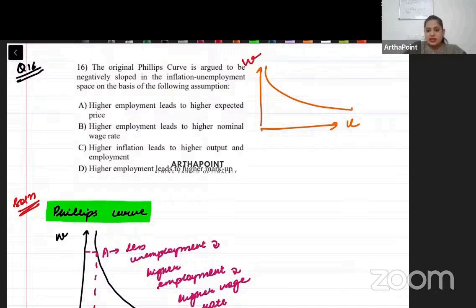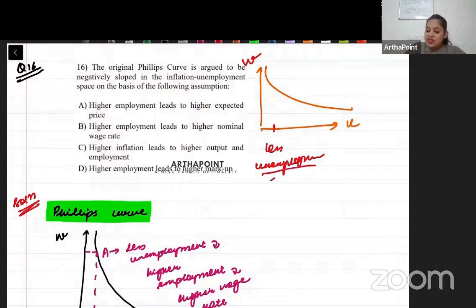And what did he say? He said, look, when there is less unemployment, there are fewer people fighting for a job, there is less labor available in the market, then the limited people who are fighting for a job can go and ask for higher wages.